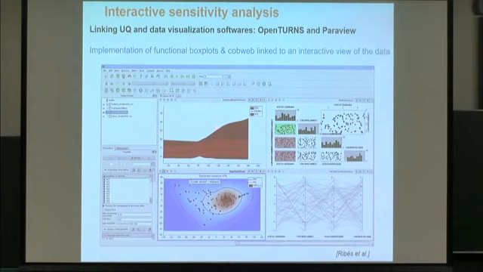Here are the functional box plots, linked with the cobweb and the scatter plot. I will not detail this, but we have just written a paper that I can send.